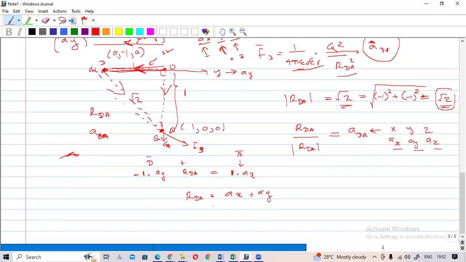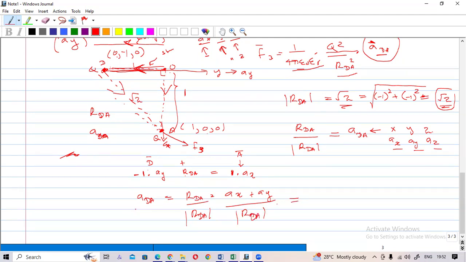Then to find the ADA, you need to find the unit vector along this axis, the unit vector of RDA. So you have to divide the RDA by its magnitude.